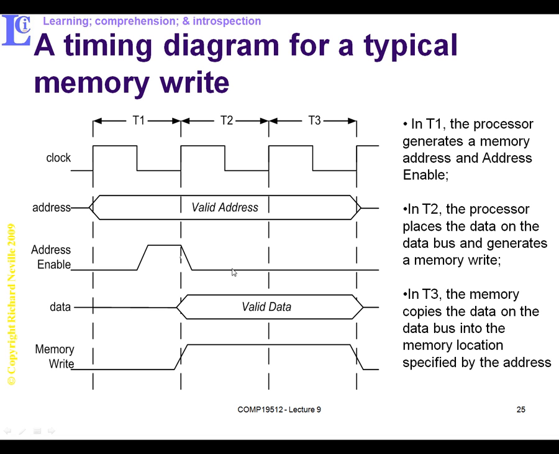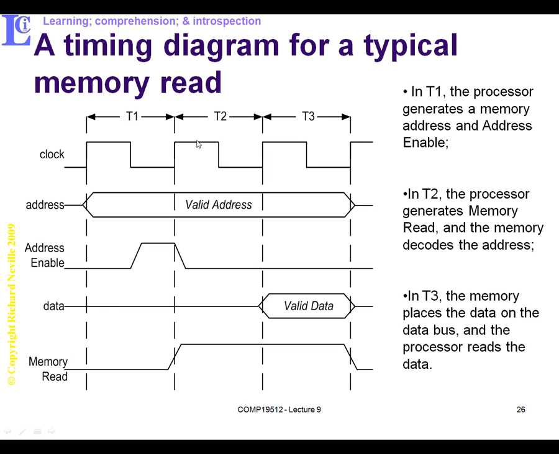The memory takes that address and finds the actual data, or maybe where it's going to store the data, and then the processor again with a control line in the second and third periods tells it that actually I'm going to put the data on my data bus and you're going to read it from the data bus because we're writing to memory. Okay, so that should give you the sequence of operations, 3 cycles to undertake a write sequence.